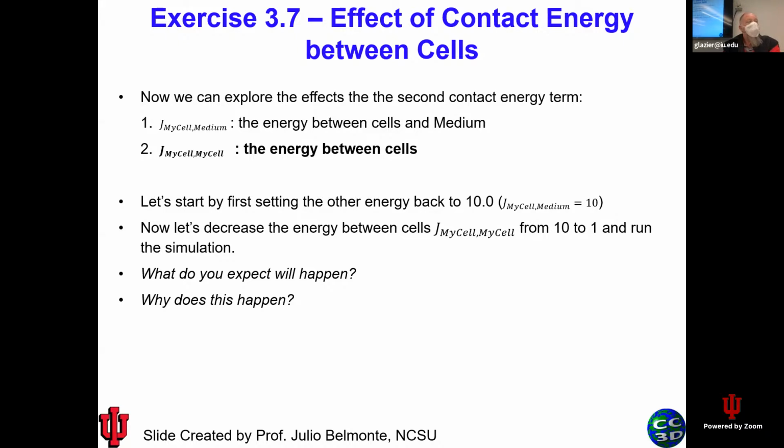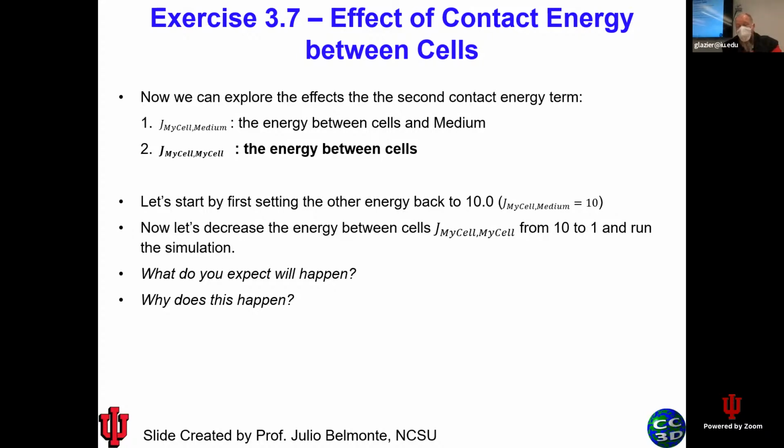So what happened when you tried a cell-medium energy of 10 and cell-cell of 1? What happened? Anybody? The cells kind of bled into each other almost. Yeah, not directly, but they kind of wrapped around each other. That's right. Now the cost of cell contact is very low compared to fluctuations.